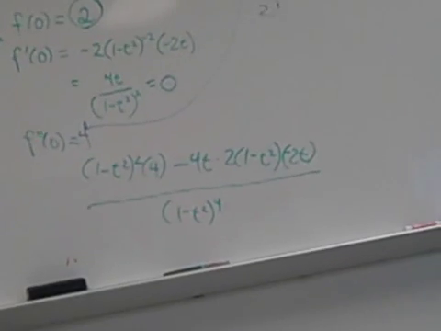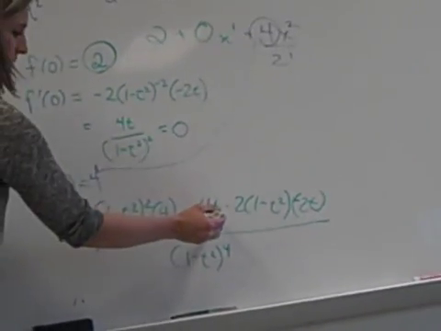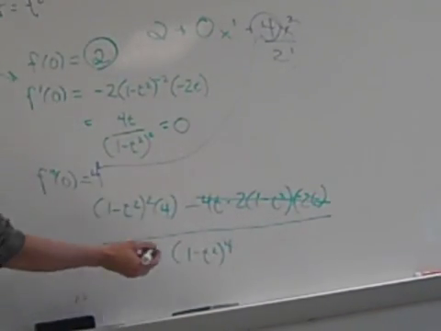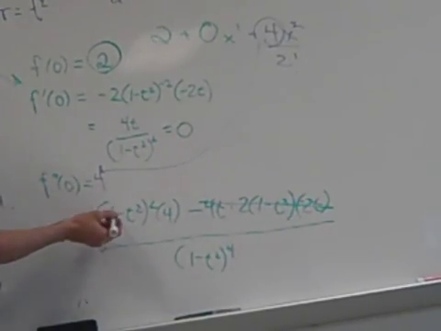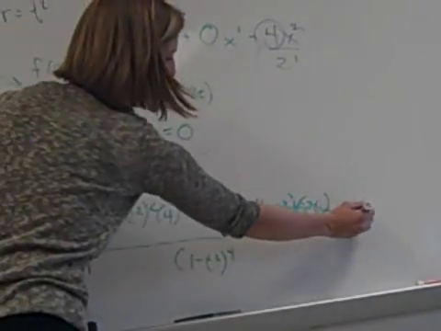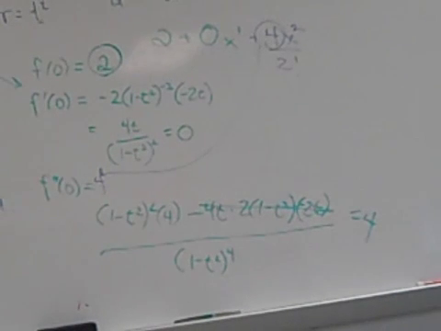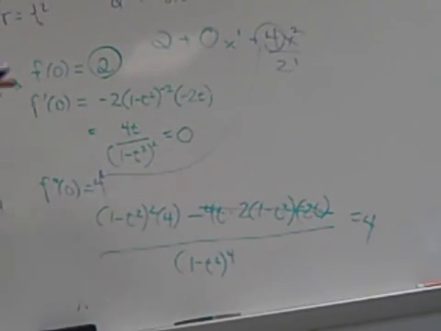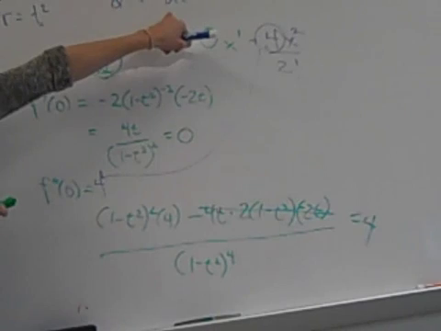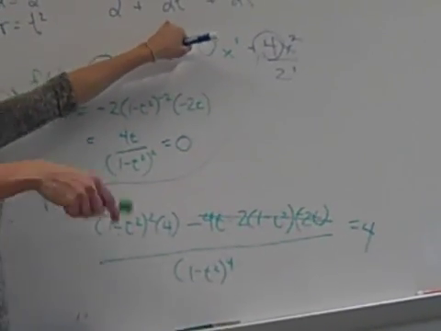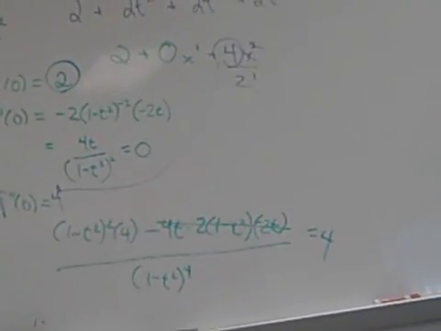And I'd have to plug in 0 to that. Once I plug 0 into this, that's gone. When I plug 0 into that, that's 1. When I plug 0 into this, it's 4. So it is 4. So easy. But that would have only given me my second term. I'd have to do it again and again and again. I have to go 4 more times.